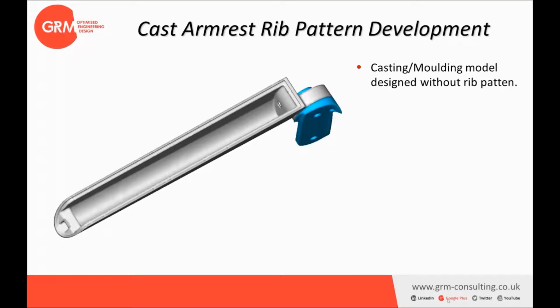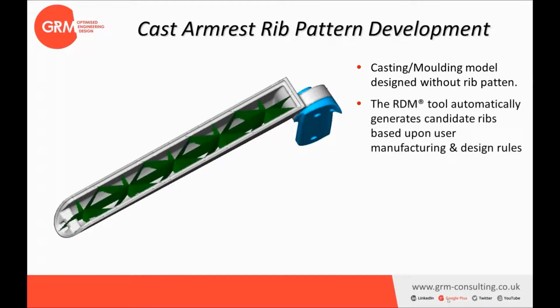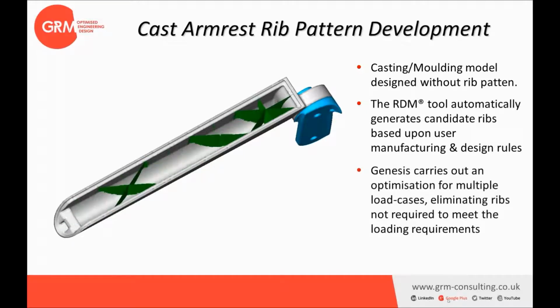You can see that we have a casting type of armrest. The user can then define the rib pattern that he wants to create with different manufacturing constraints. And after running the optimization, the best rib pattern appears.